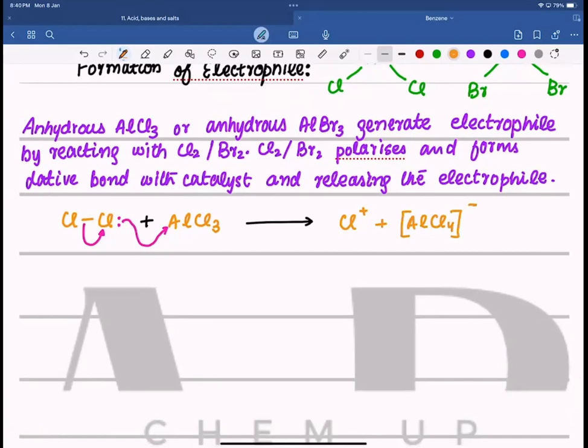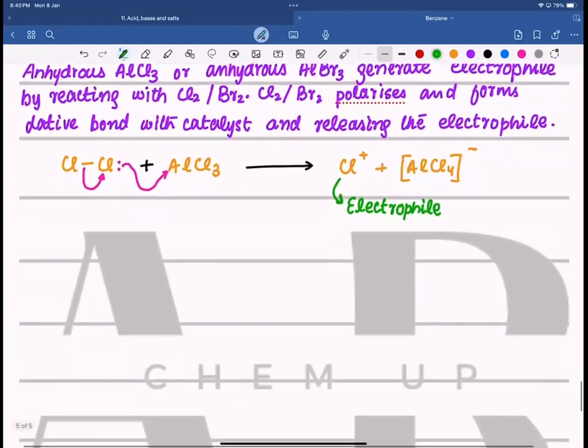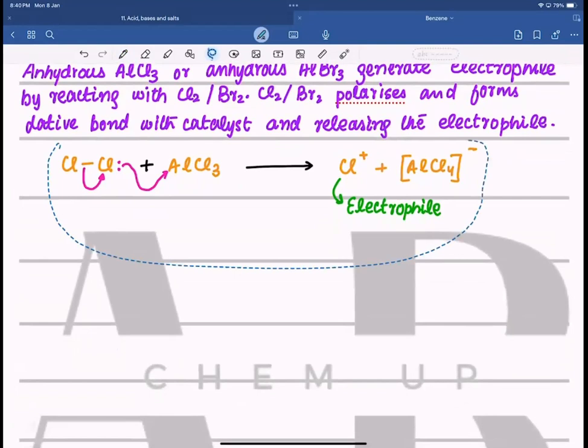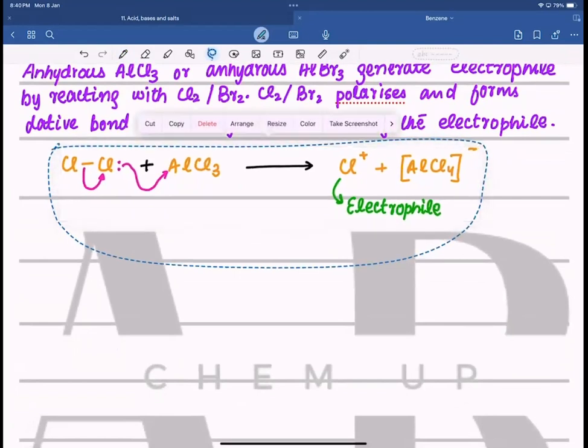Here this positive ion is an electrophile because it is an electron deficient species. So see, this is how an electrophile is generated. Now I have shown you how chlorine becomes an electrophile by reacting with AlCl3.